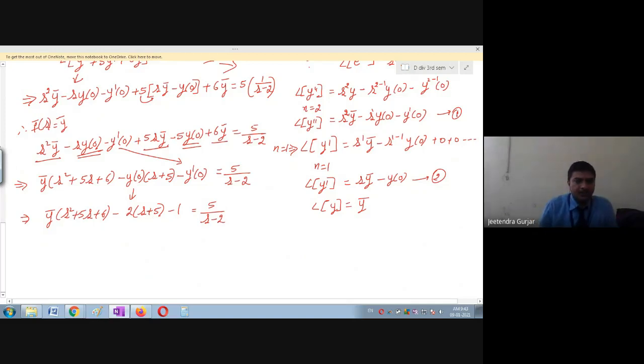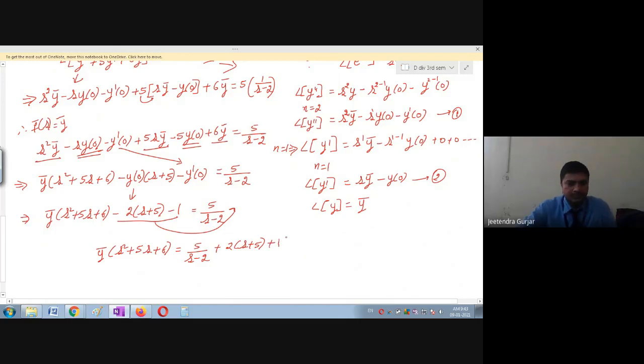Okay. So I will bring these terms to this side. So this will become y dash of s square plus 5s plus 6 is equal to 5 upon s minus 2. So you can see these two terms are in terms of minus. If I bring it to the RHS side, it is going to become plus 2s plus 5 plus 1.